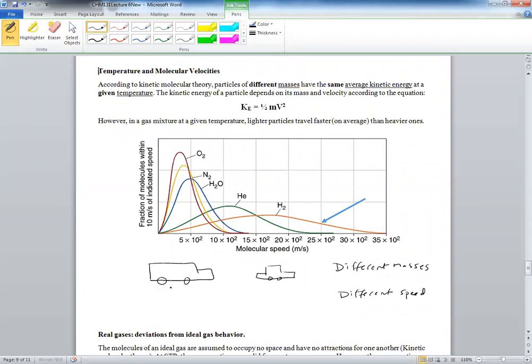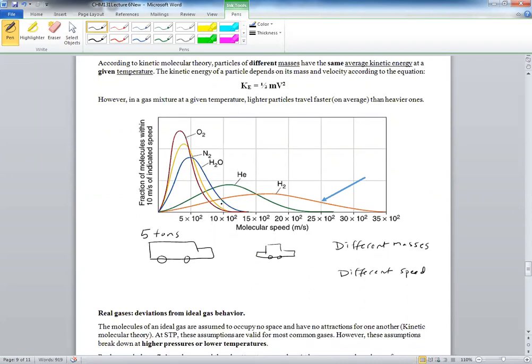So while this may weigh something like 5 tons, this one might be 2 tons. This one can be flying at, let's say, 150 miles per hour.